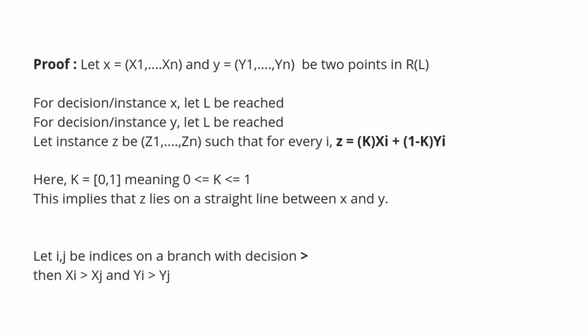Now, let i and j be indices on a branch with decision greater than. Then we can say that x of i will always be greater than x of j and y of i will be greater than y of j. To understand this better, let us call back the three element example that we have seen.